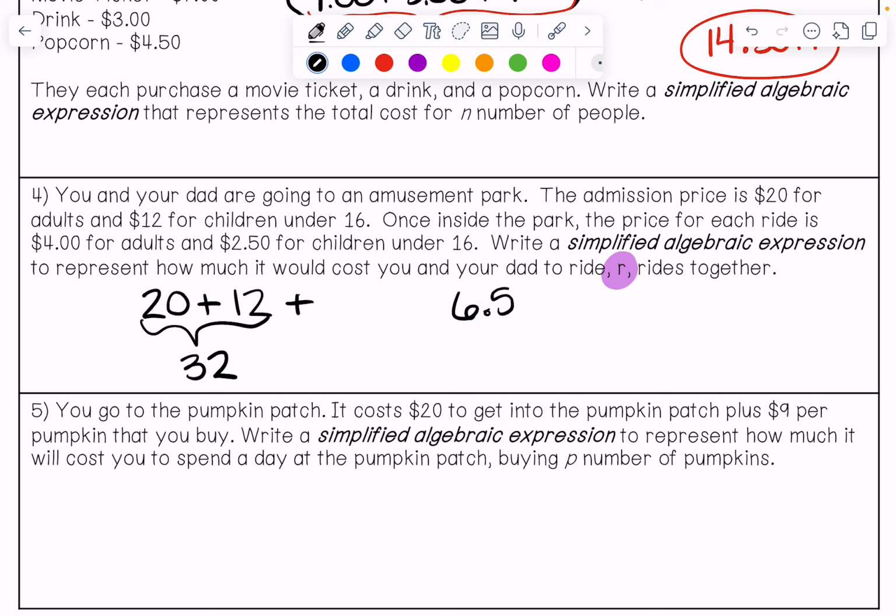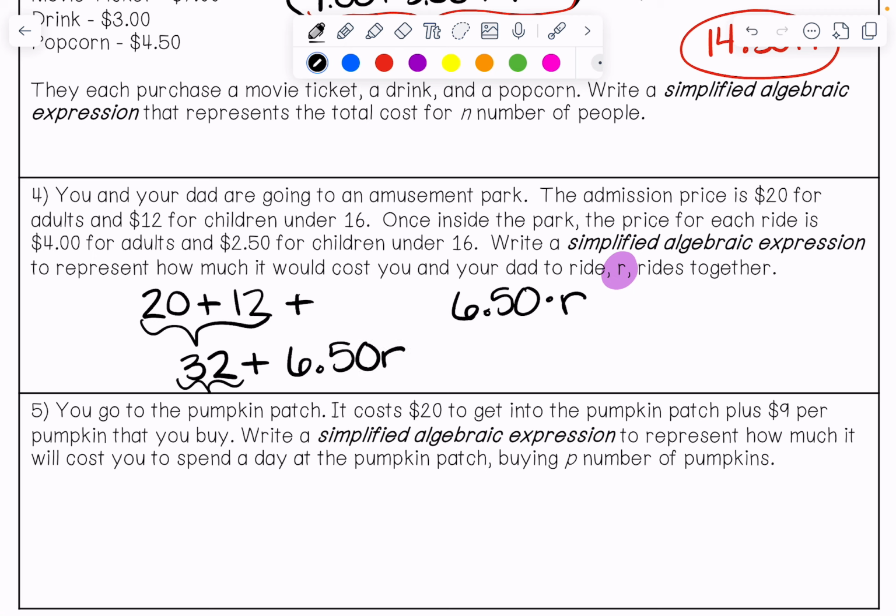But that $6.50, like for 2 rides, then we would multiply that by 2. If it was 3 rides, we would multiply that by 3. So we're multiplying this times our number of rides, which right now is R. And so we could write this as the $32 that you have to pay. That's the constant, okay? That's not going to change. Plus that $6.50 per ride.